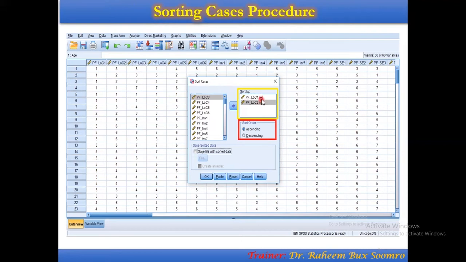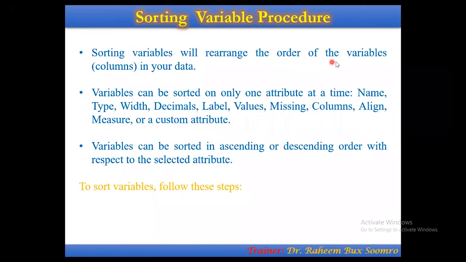Now this A means ascending. If you find a D, it means descending. Here ascending has been selected, that's why you're finding A over here. Selecting variables will arrange the order of the variables in your columns, and you can also sort the variables on the basis of name, type, width, decimals, and all these.